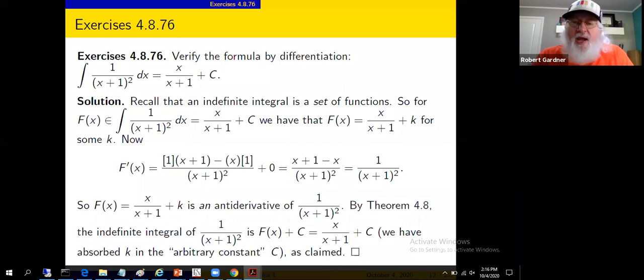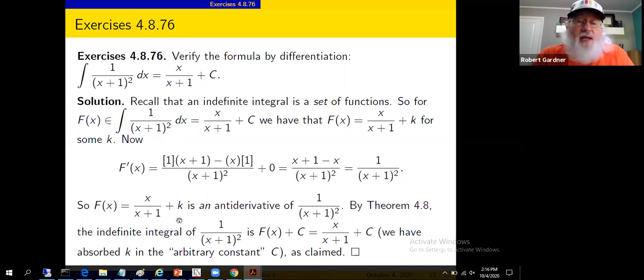Simplifying, dropping the square brackets and the 0 gives us x plus 1 minus x, over x plus 1 squared. The x and negative x cancel, gives us 1 over x plus 1 quantity squared. That's the integrand. So all I got to do is explain now.